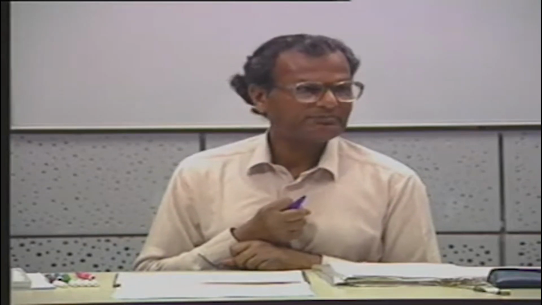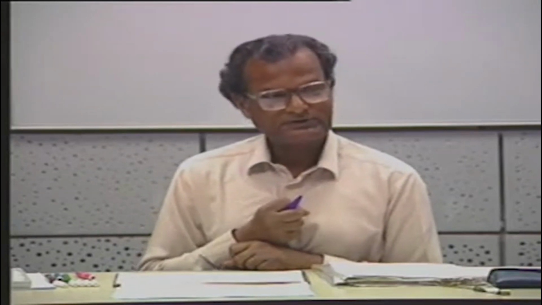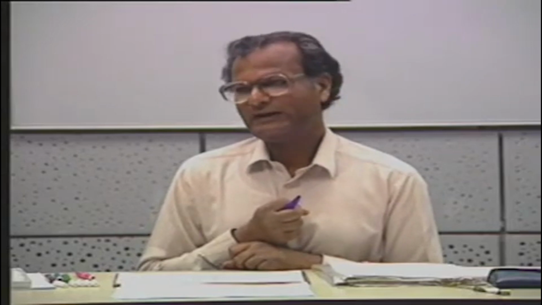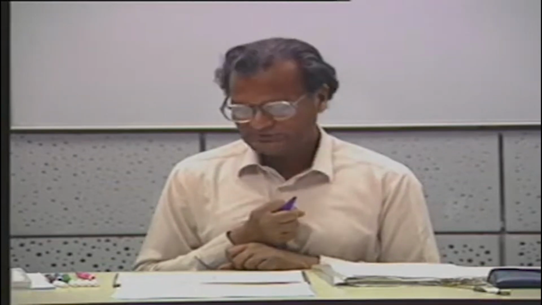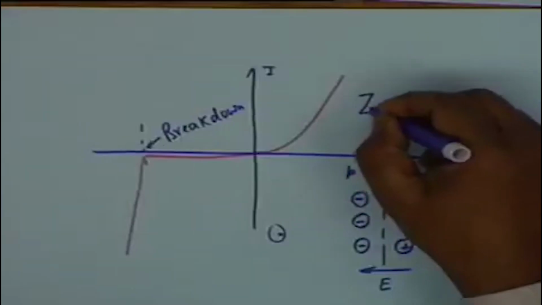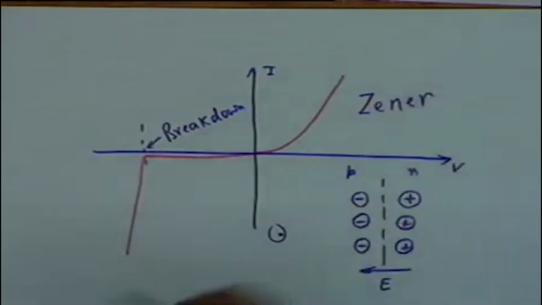And this kind of breakdown, or this kind of increase in current due to an increase of reverse potential, is the so-called Zener breakdown, and occurs in a junction in which both sides are relatively heavily doped.